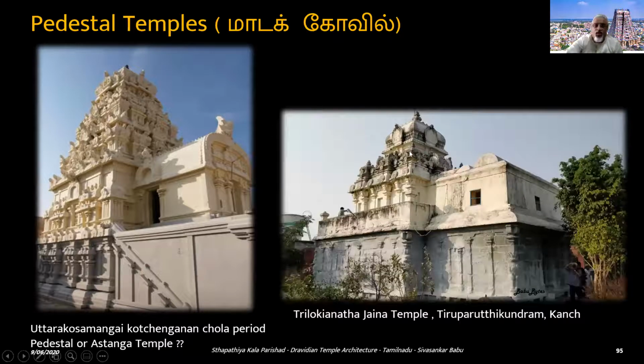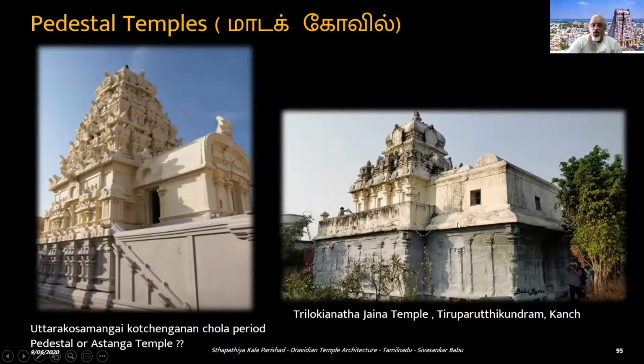The other interesting temple is the Trilokanatha. It's a Jain temple, and this is the first earliest available pedestal temple or Mada Koil, which we can see, which has not undergone any change. This has undergone many changes. We don't know what is the original structure, but this is fairly untouched. This is Pallava period, and then you could see this is the entire filling.